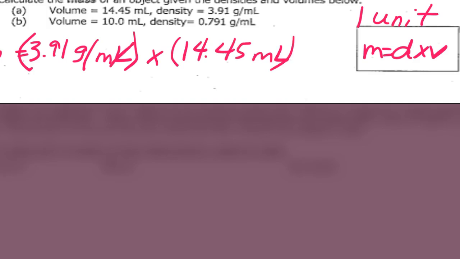I can automatically go ahead and cancel out my milliliters. Boom, boom. Now I've got 3 significant digits in 3.91. I've got 4 significant digits in 14.45, but I know that I should have 3 significant digits in my final answer. So when I plug this into my calculator and say 3.91 times 14.45, I get 56.